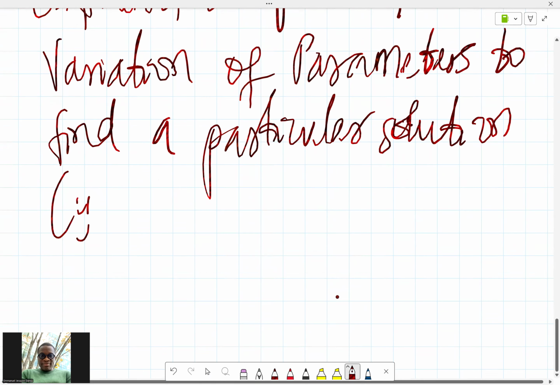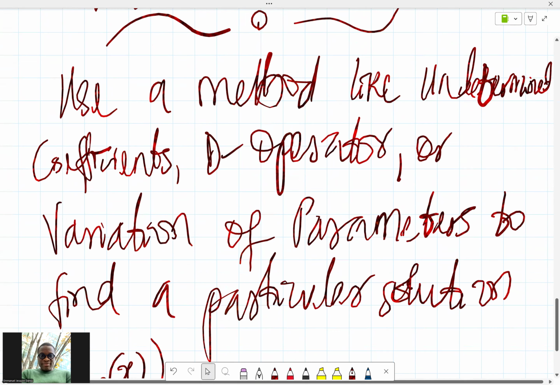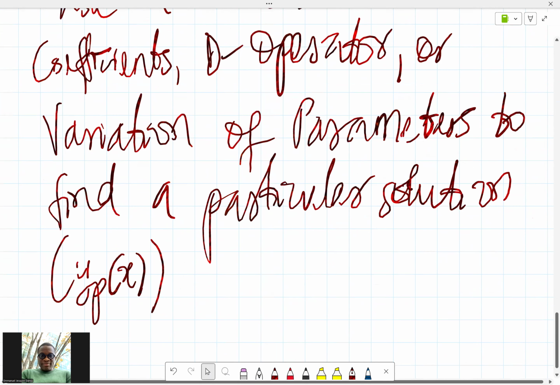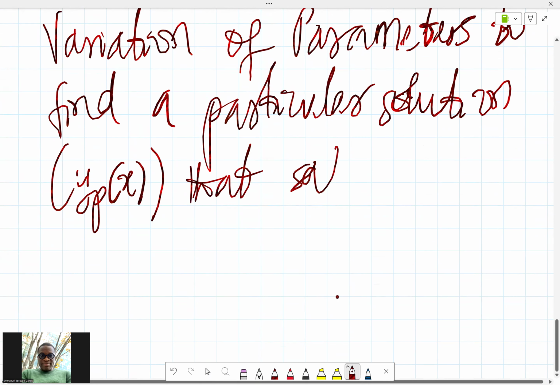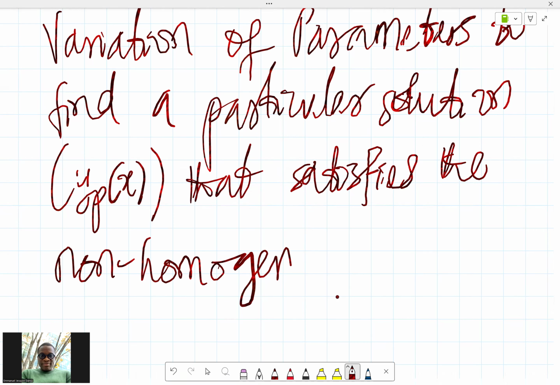You can represent that as yp of x. The one above is the complementary solution, yc of x. The particular solution satisfies the non-homogeneous equation.